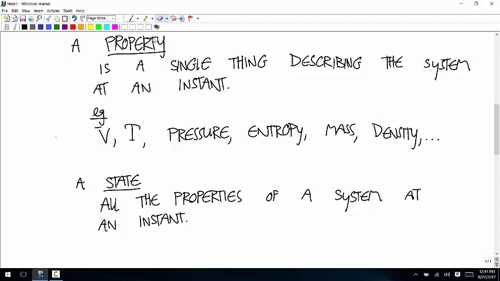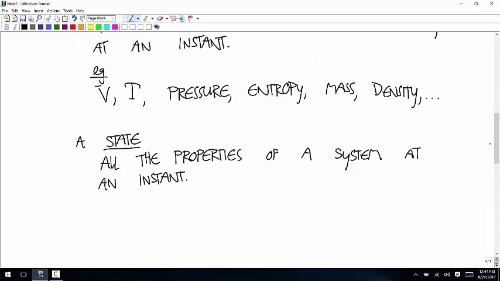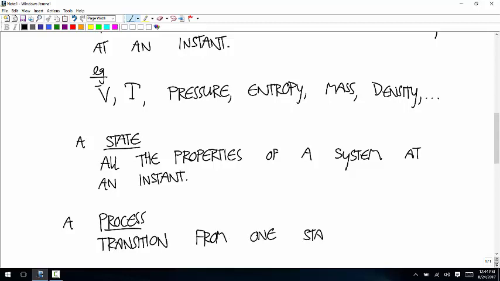A process is moving from one state to another state. So let's say the transition from one state to another.